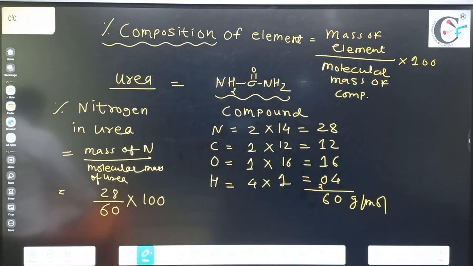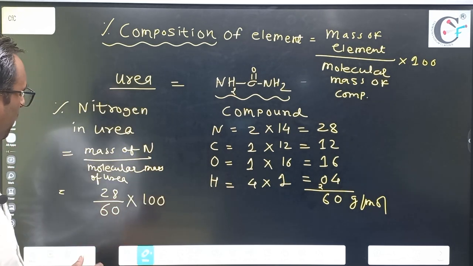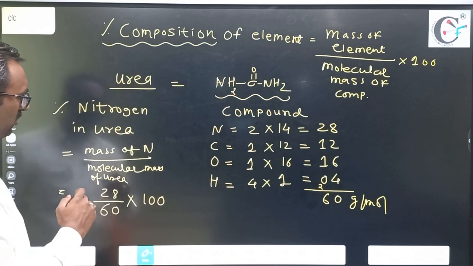So this will become how much? 60 is the molecular mass of urea.